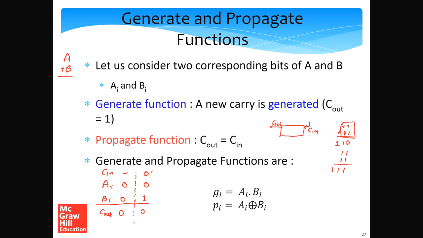But if the input carry is 1, then we are adding 1 plus 0 plus 1, which is 1, 0, right? So the output carry is 1. What we can clearly see is that the output carry is the same as the input carry. Now let's consider one more example. In this case, let ai be 1, let bi be 0.